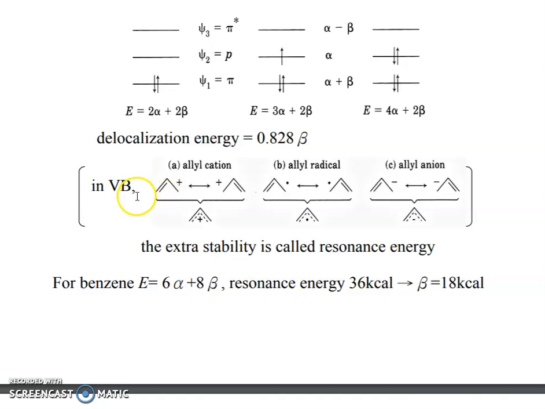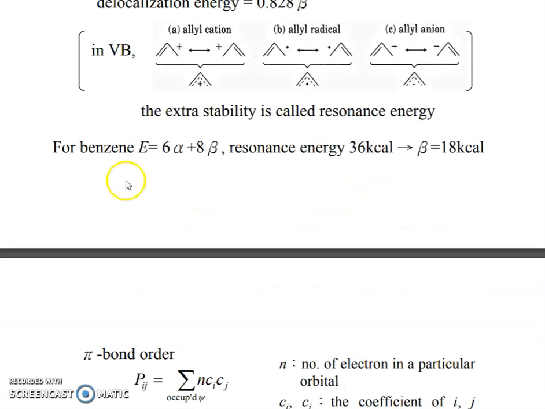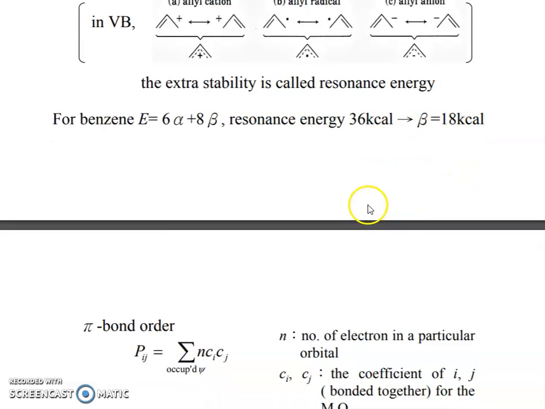Now in valence bond, allyl cation, you can see the arrangement, allyl radical and allyl anion. So the system is like that. The extra stability is called resonance energy. For benzene, E is equal to 6 alpha plus 8 beta. Resonance energy 36 kilocalorie. So beta is equal to 80 kilocalorie.